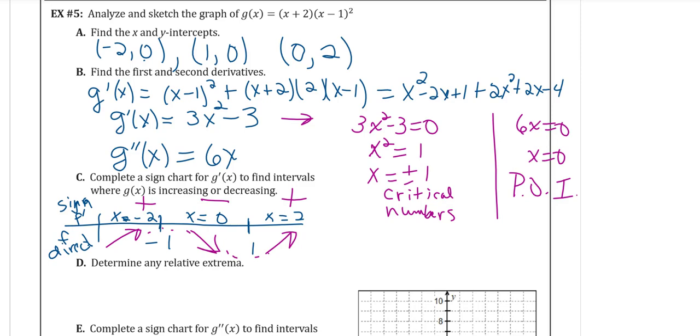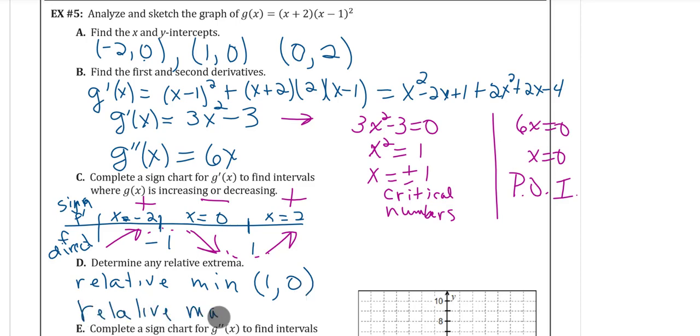So I have a relative min at 1 comma, so I'll get 3 times 0, so I get 1, 0, and a relative max at -1, so I'll have 1 times -2 squared, so 1 times 4 is 4. Okay, so I'm doing good.